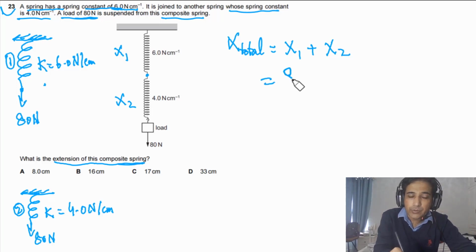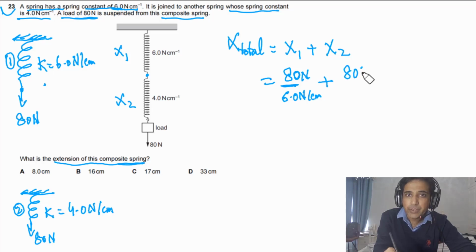So x1 will be equal to force divided by spring constant, that is 80 newtons divided by 6.0 newtons per centimeter. For the second spring, the force is the same, 80 newtons, and the spring constant is 4.0 newtons per centimeter.